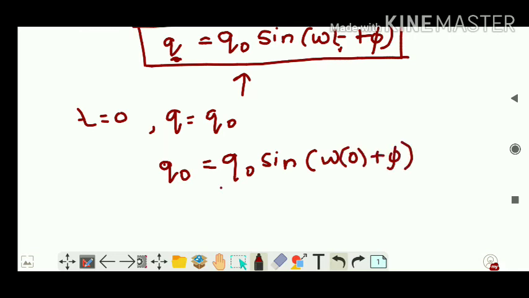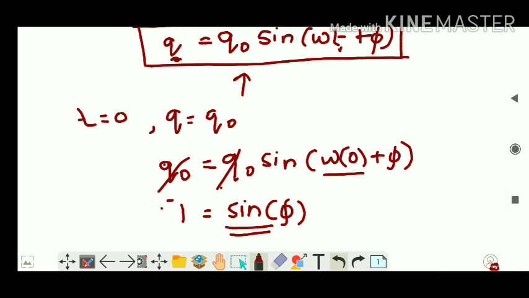Now q naught cancels. So 1 is equal to sine of omega into 0, which is 0, plus phi. For what value of phi will the value be 1? That means phi should be equal to 90 degrees or pi by 2.